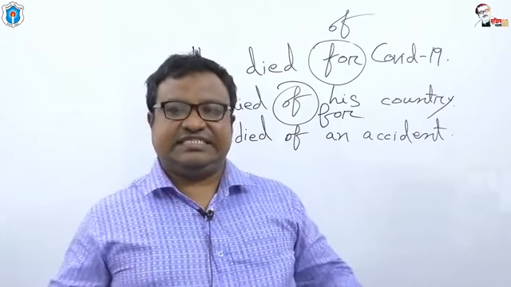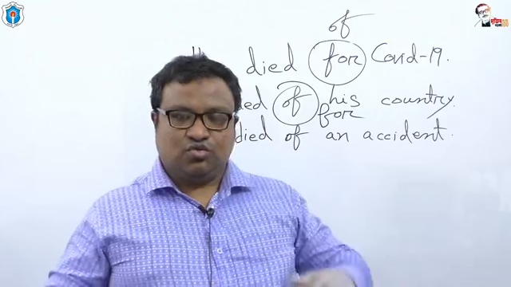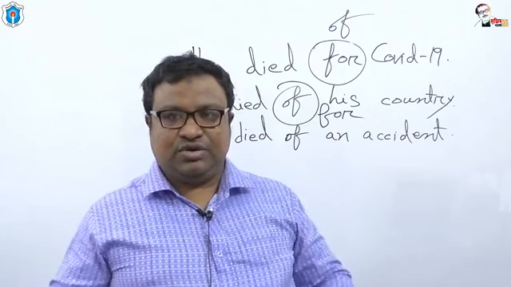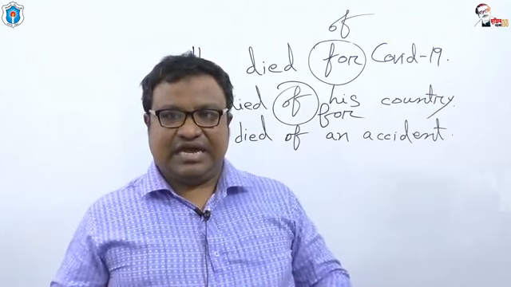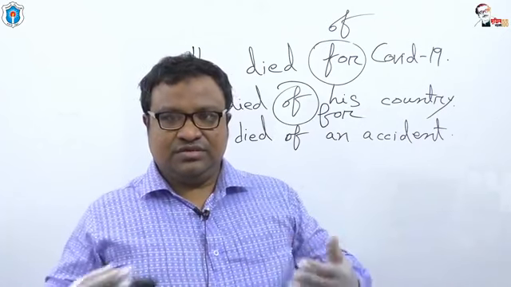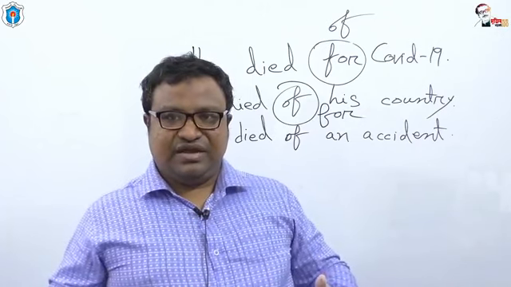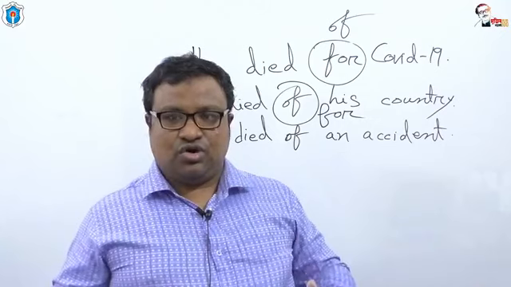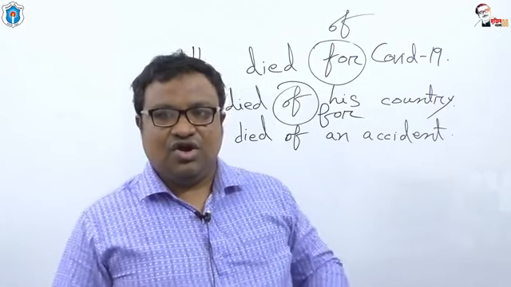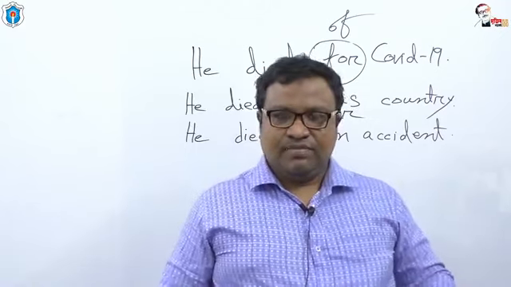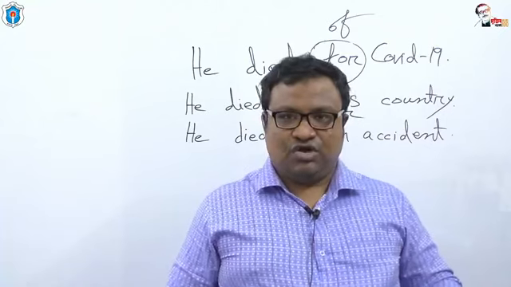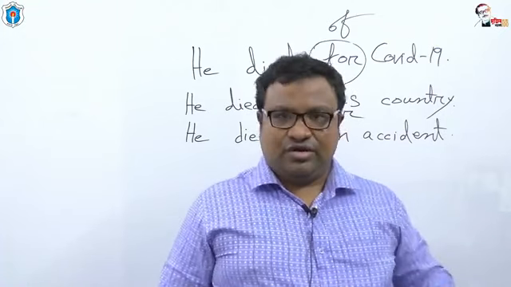Democracy is not a disease, it's a noble cause. So when you are giving your life, sacrificing your life because you love or you believe in a particular cause, or you love your country, or you love your people, then do not use of, rather it will be for.